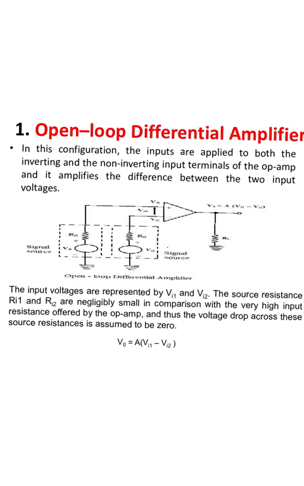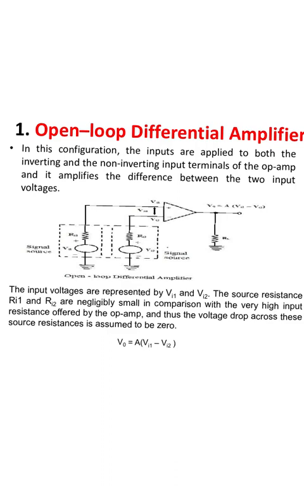Open loop differential amplifier. You can see in the diagram, in this configuration, the inputs are applied to the inverting and non-inverting input terminals of the OPAMP, and it amplifies the difference between the two input voltages. The input voltages are represented by VI1, VI2.